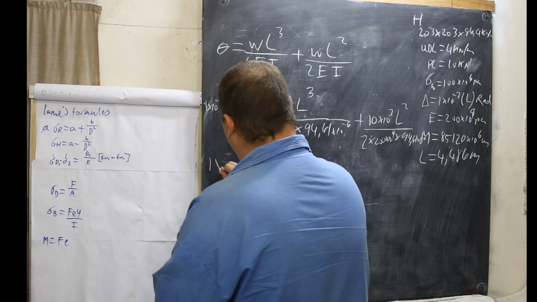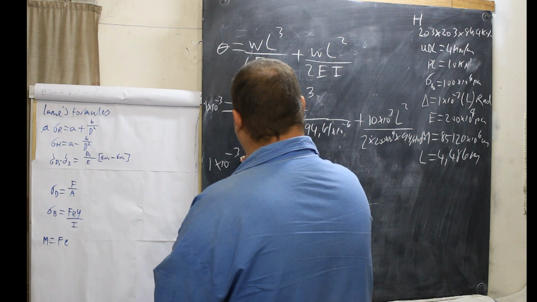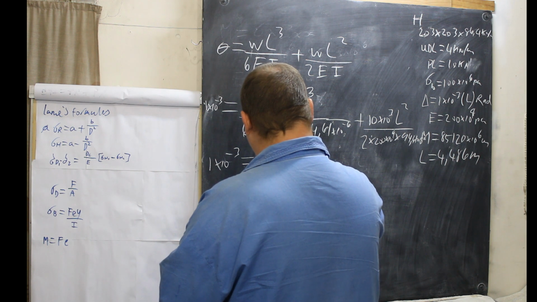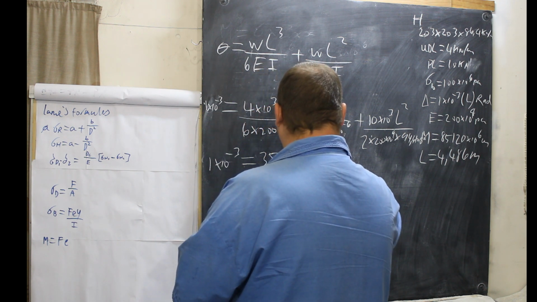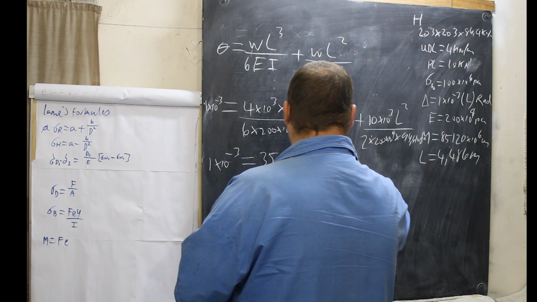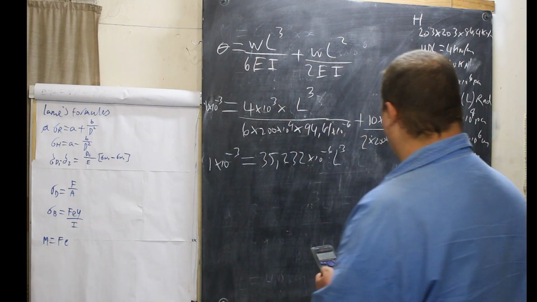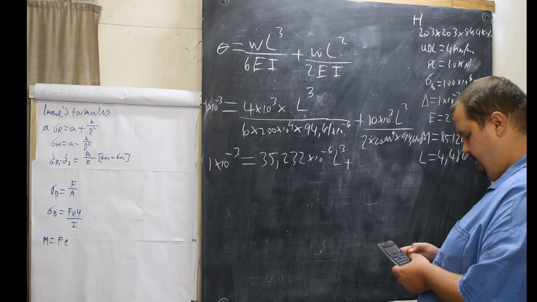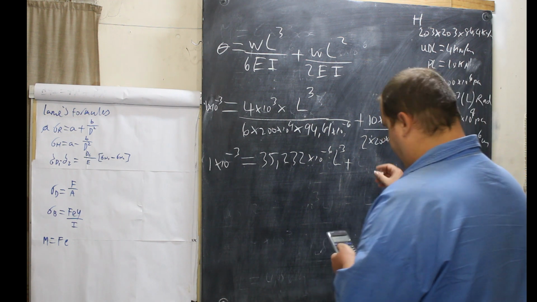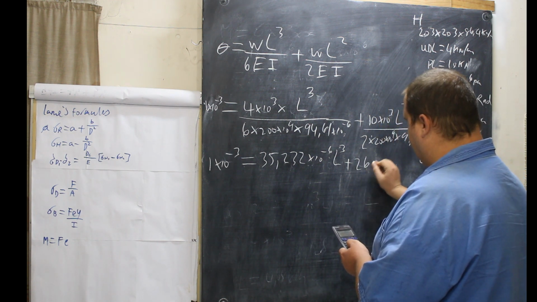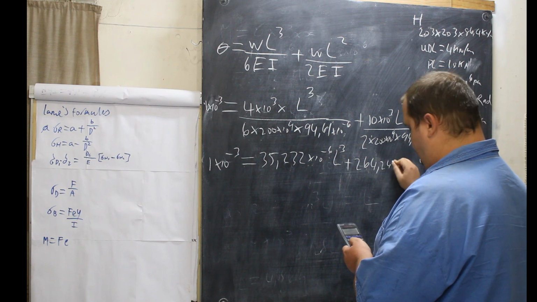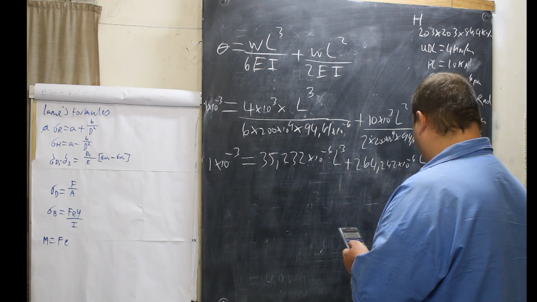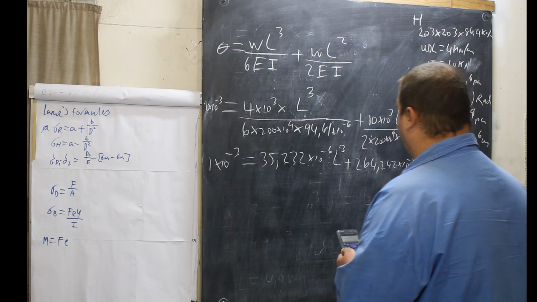Equals 1 times 10 to the minus 3 equals 35,232 times 10 to the minus 6 L cubed plus, okay, next part of it is 264,242 times 10 to the minus 6 L squared.